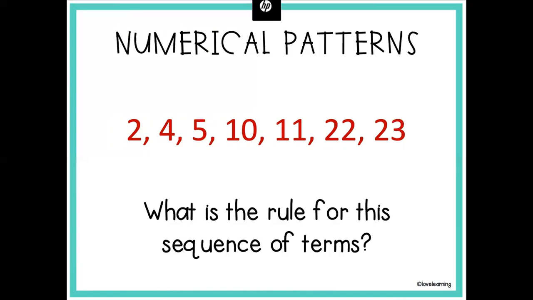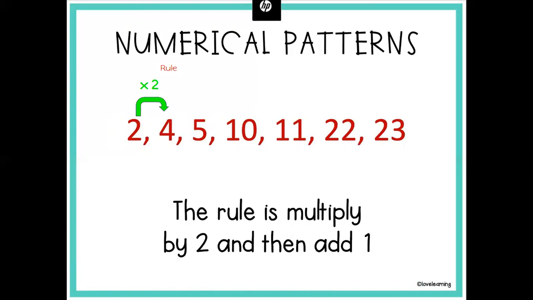So the first term to the second term is times 2, but then it does a plus 1. So the rule is multiply by 2 and then add 1. That's the entire rule. Look how it works out for the rest of the sequence.